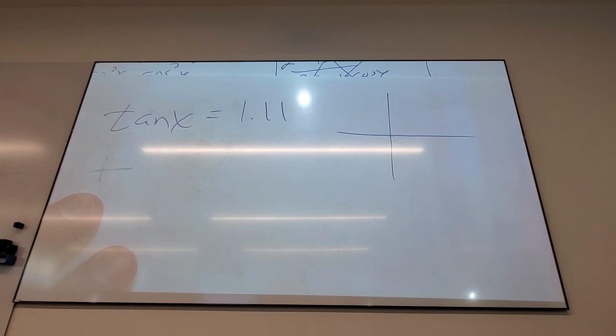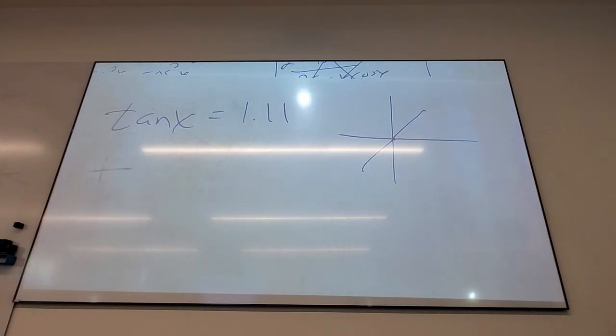Tangent's positive. 1 and 3. Yeah. So whatever this angle is. Now, Denny, how do I figure out what the angle is? Do what you want to do. Take the inverse tangent.